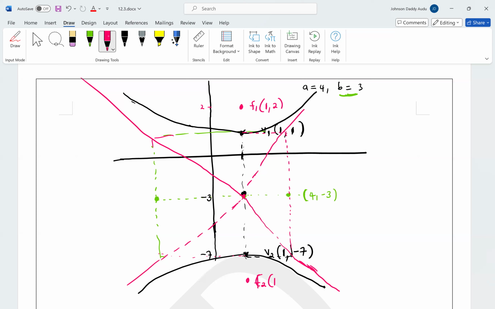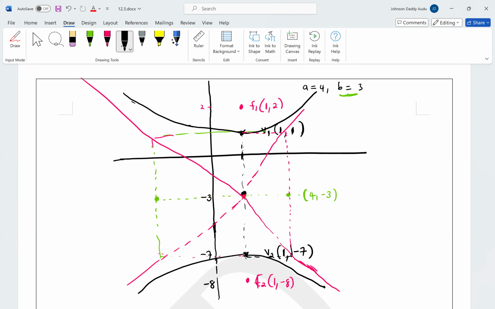So F2 is going to be 1, but remember, from the center you are coming down a distance of 5, because C is 5. That will bring us to -8. So this point is -8.